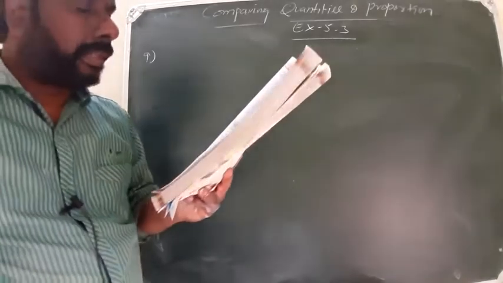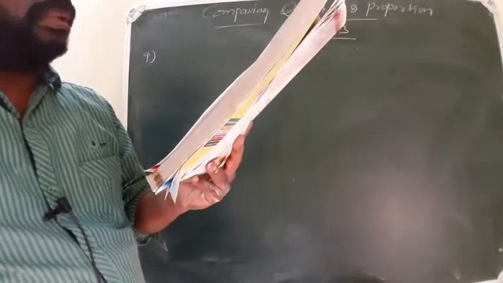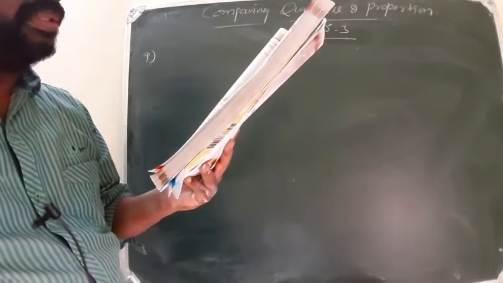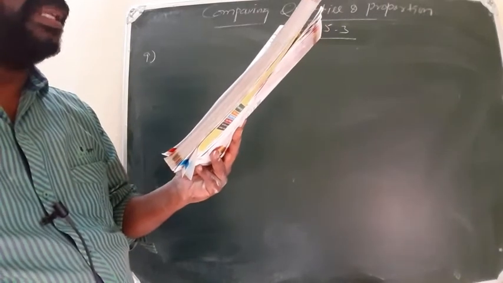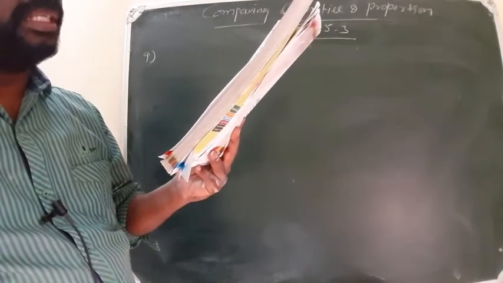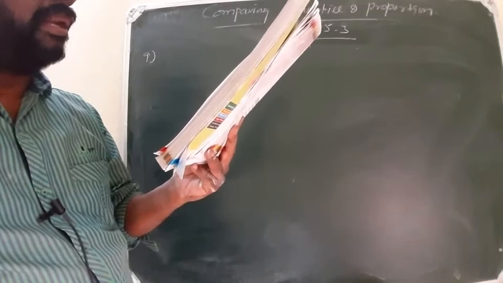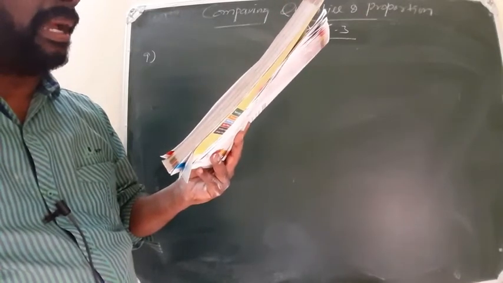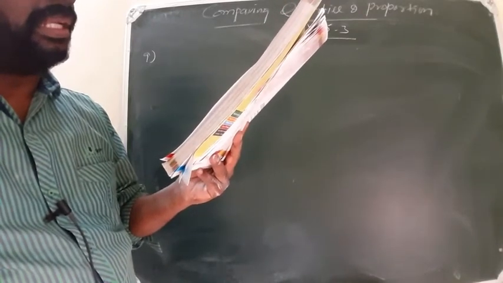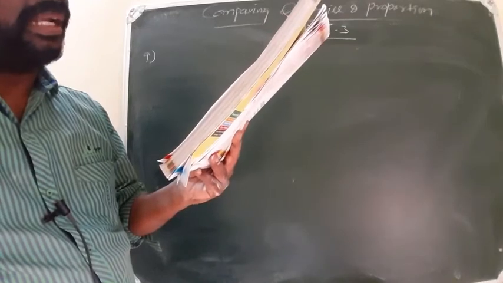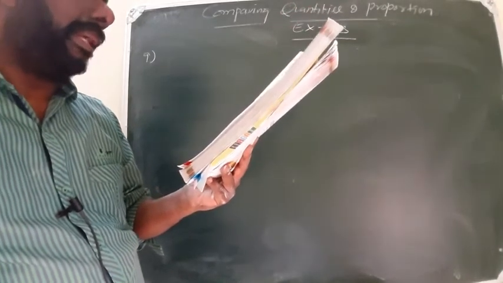Ninth sum. I borrowed rupees 12,000 from Prasad at 6% per annum simple interest for 2 years. Had I borrowed this sum at 6% per annum compounded annually, what extra amount would I have to pay?